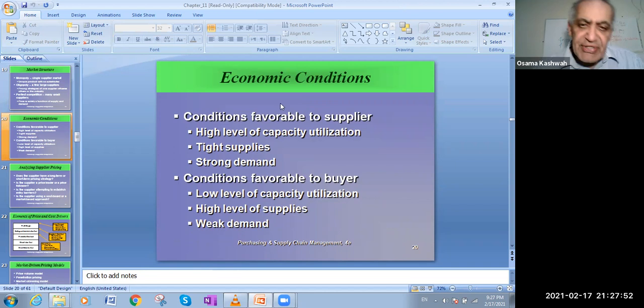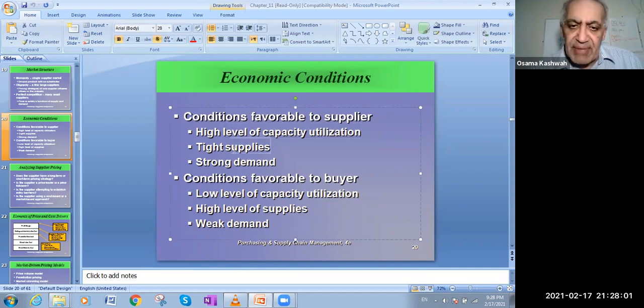We'll go after this to economic conditions on page 20. Conditions favorable to the supplier are a high level of capacity utilization, tight supplies, and strong demand. Those are very good for the supplier, because when there's good demand, the supplier will increase his productivity and the way he supplies the markets.